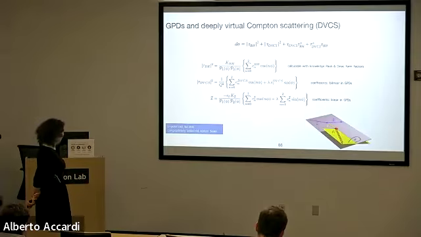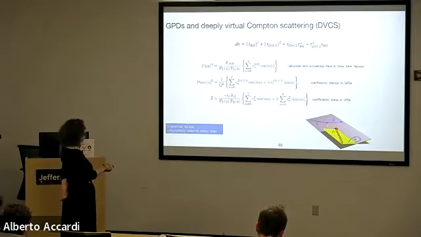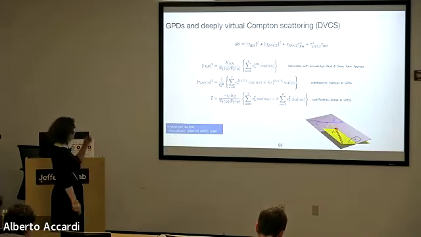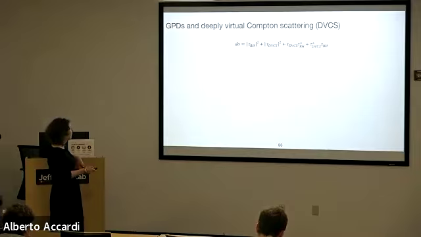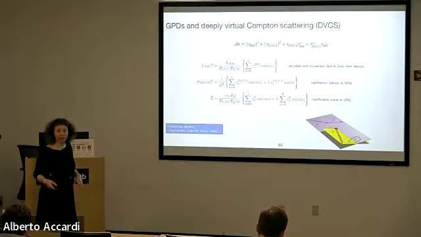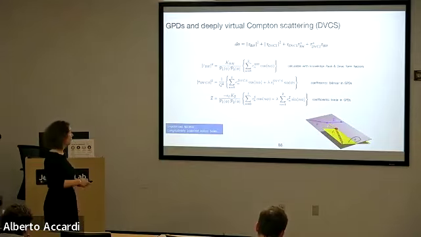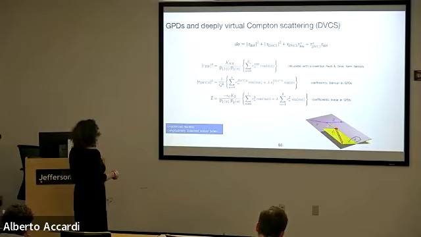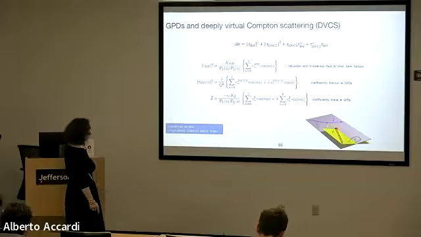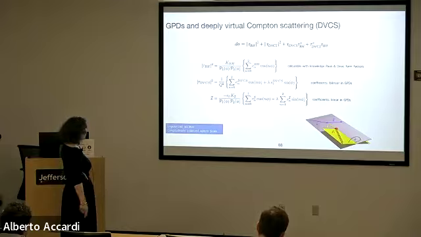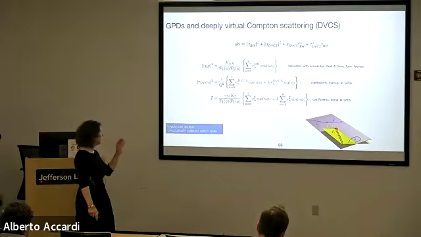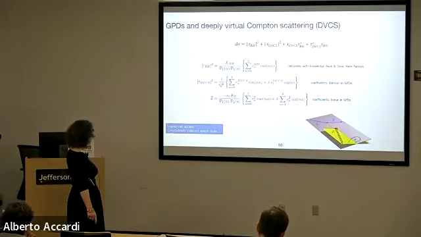Now, you can decompose all of these three contributions in different harmonics. For the Bethe-Heitler, this is an elastic process, and you can calculate it if you know the Dirac and Pauli form factors. Then you have the pure DVCS term, which is bilinear in your GPDs, and then the interference term, which gives you linear access to your GPD. So that's a nice one.